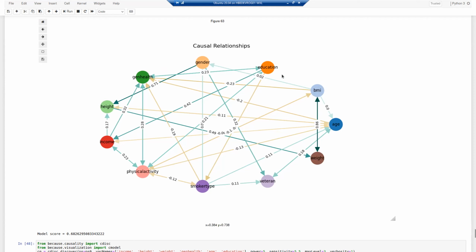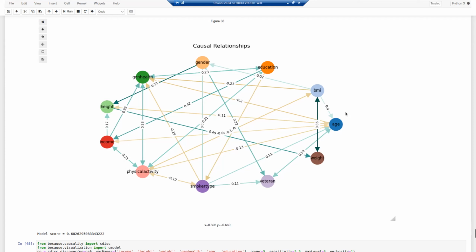We had a reversal of the arrow between income and education. Now it's pointing from education to income. So as you add more variables, there are different correlations to resolve, and you can get different answers. And sometimes adding a variable will clarify an anomalous result that you see with fewer variables.